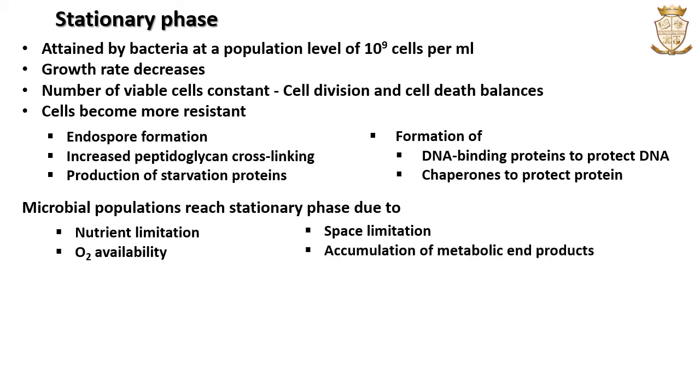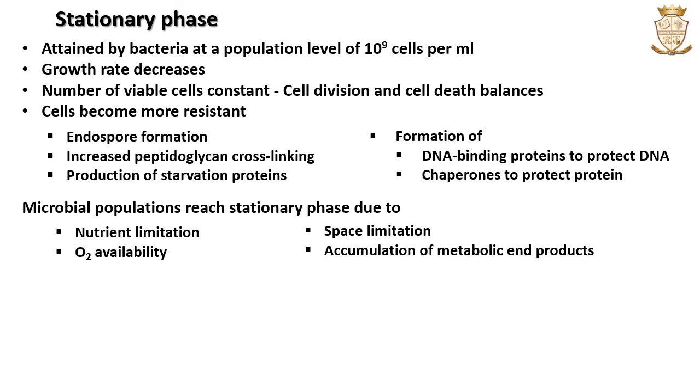The next factor by which the microbial population reaches the stationary phase is the accumulation of metabolic end products. During their growth, the bacterial cells will be producing certain metabolic end products as a part of their metabolism, and the accumulation of these toxic waste products will result in a decrease in microbial growth.